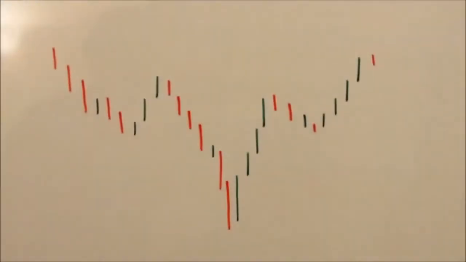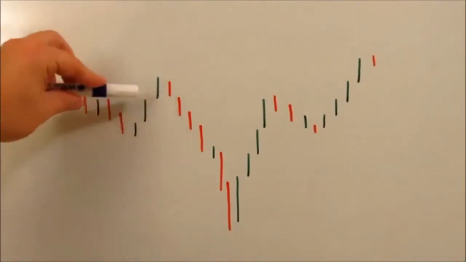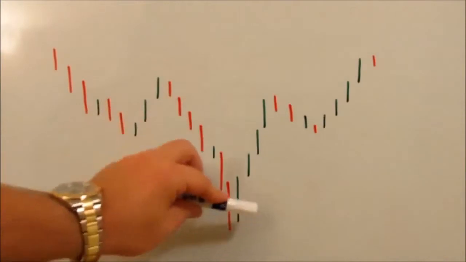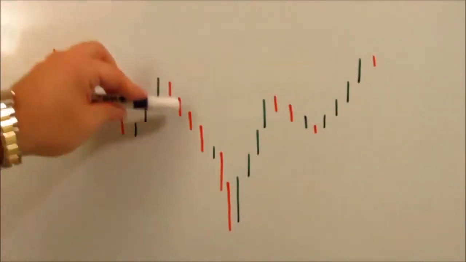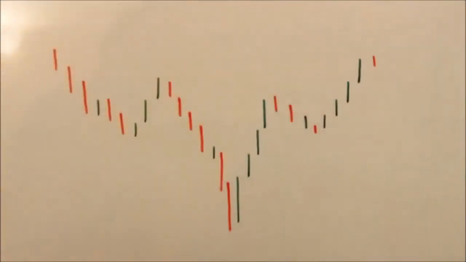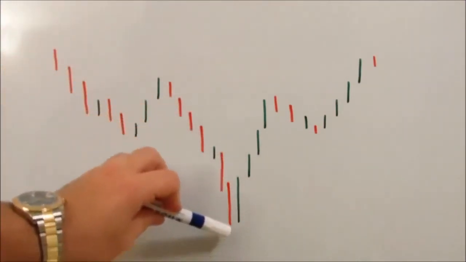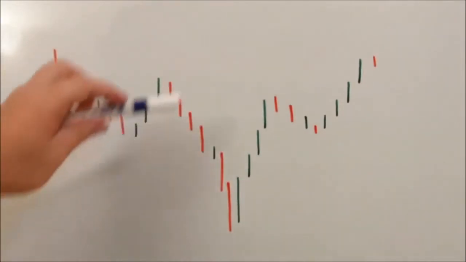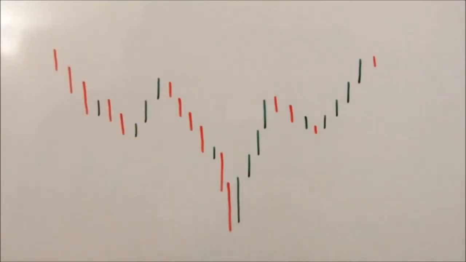So we have a large inverted head and shoulders. We have the left shoulder, the head and a right shoulder. Pretty much an upside down head and shoulders like we showed you before. The market puts in a higher low, which is the first sign, just like previously discussed. With the head, the market puts in a low. It drops very quickly and then bounces all of a sudden, almost like a spike bottom.